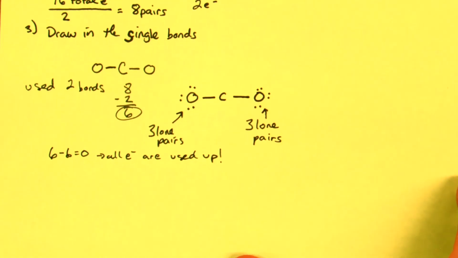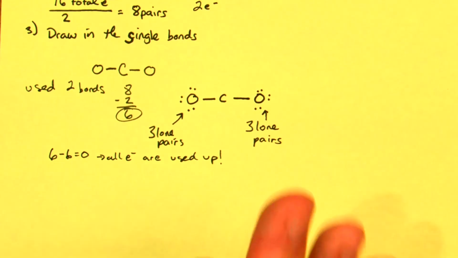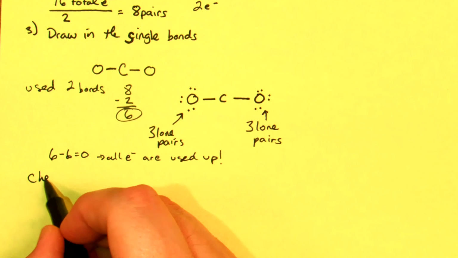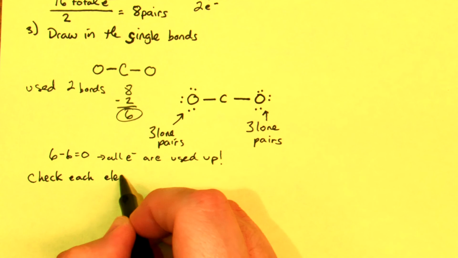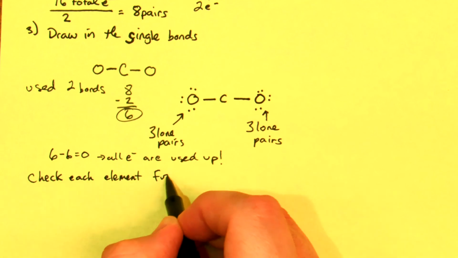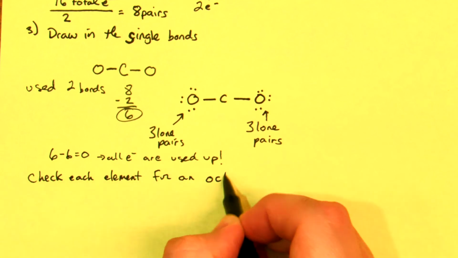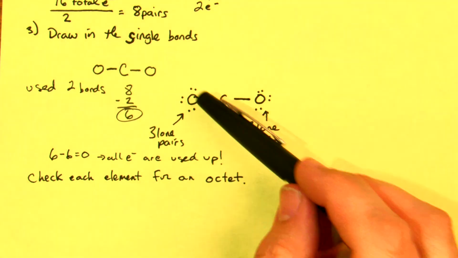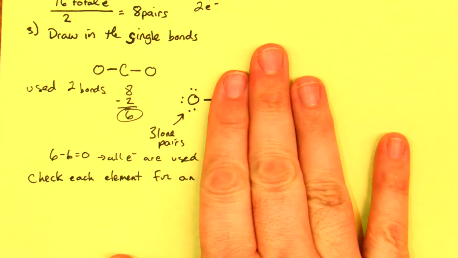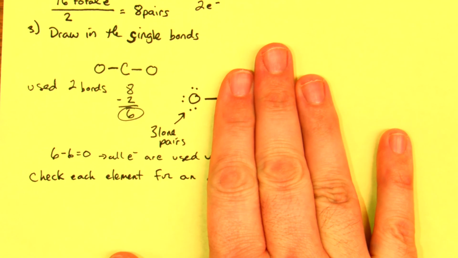But now, since all electrons are used up, check each element for an octet. Does oxygen have 8 electrons?